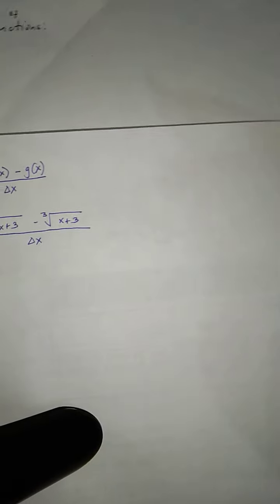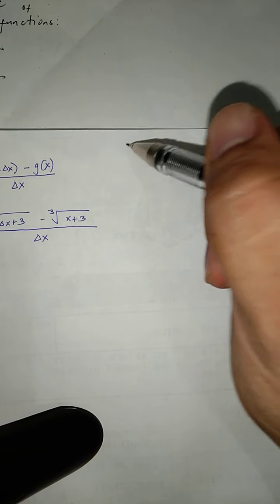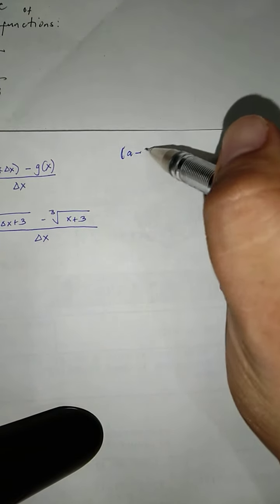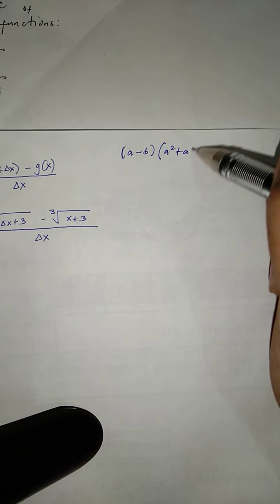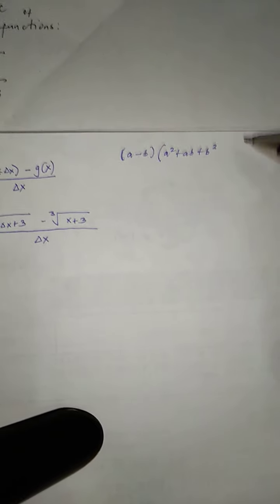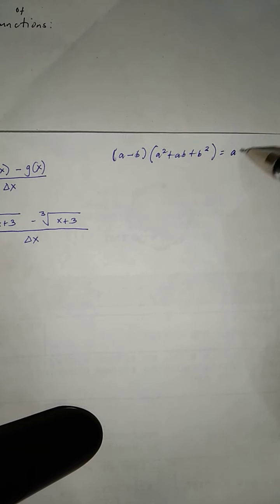For those who are not familiar with the difference of two cubes, if you have this expression a minus b, multiplied with a squared plus ab plus b squared, it will give you a cube minus b cube.